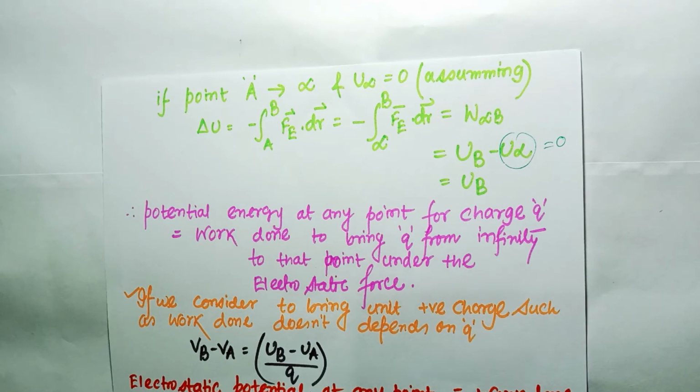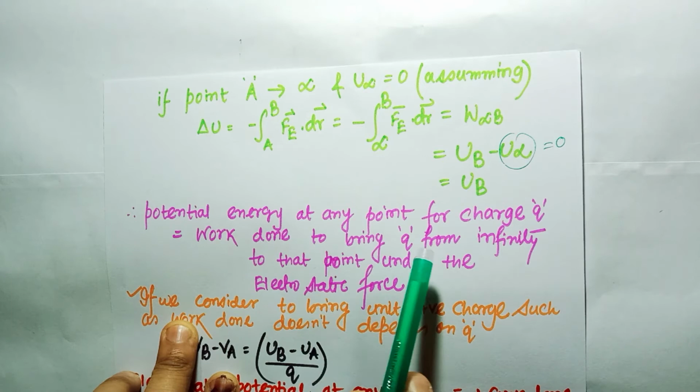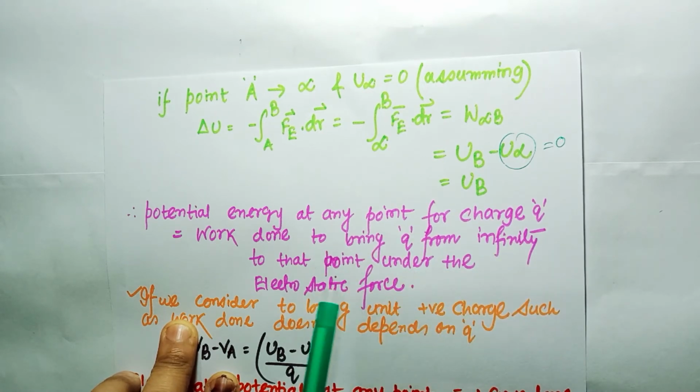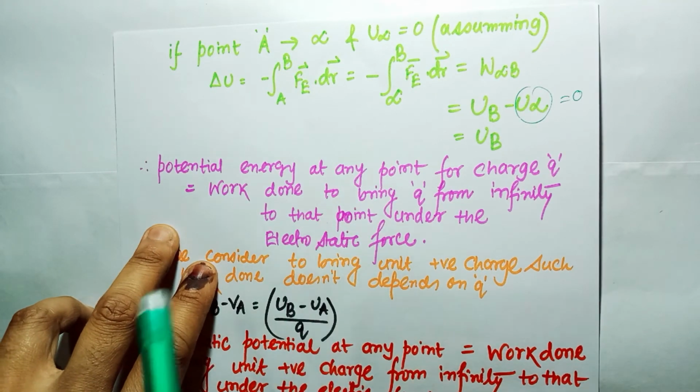So I have got that the potential energy at any point for charge Q is the work done to bring the charge Q from infinity to that point under the electrostatic force. Suppose at some point in the electric field I need to find the potential energy.